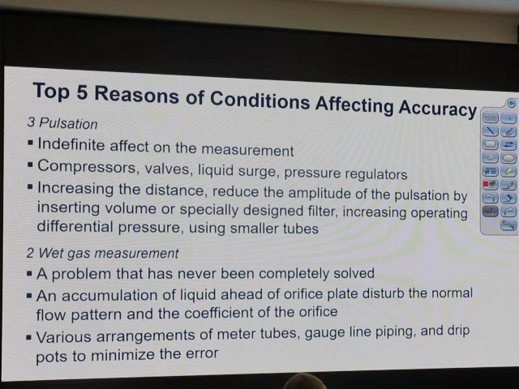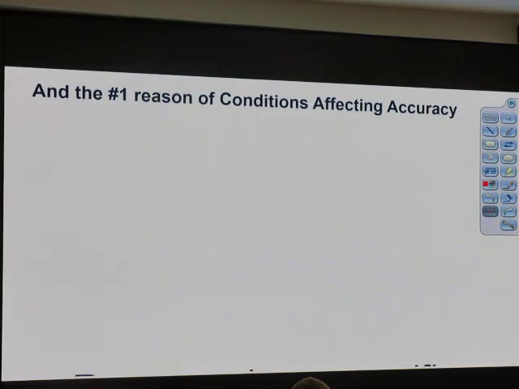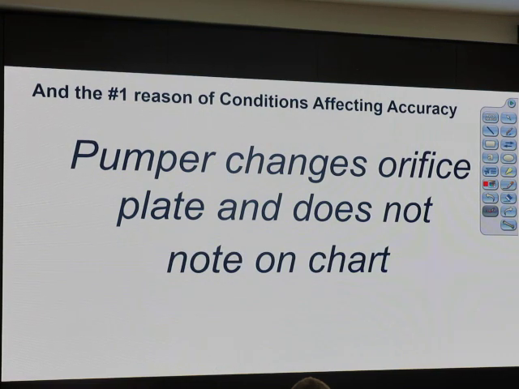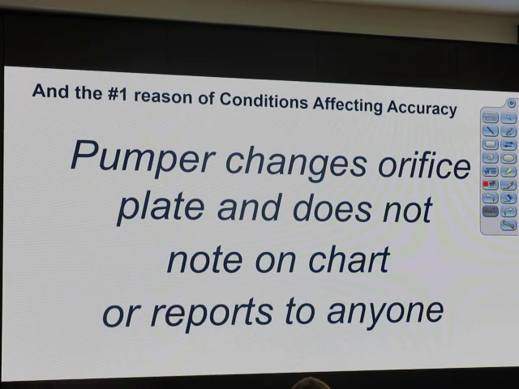If we have wet gas or some liquid phase, that makes error in the measurement, because all these calculations assume single phase flow across the orifice, not flow of gas with small droplets inside. And number one reason is someone changes the orifice plate and does not note it on the chart or report.